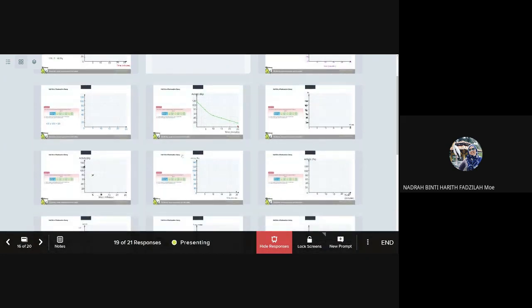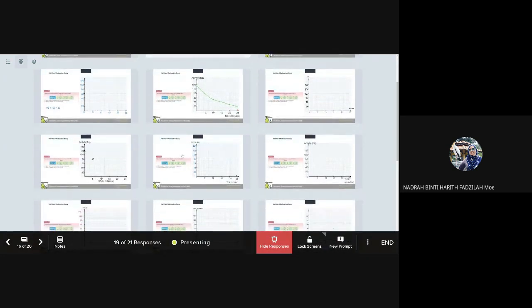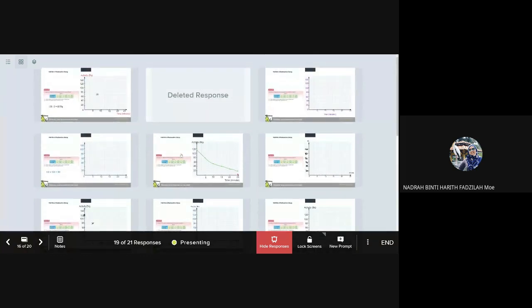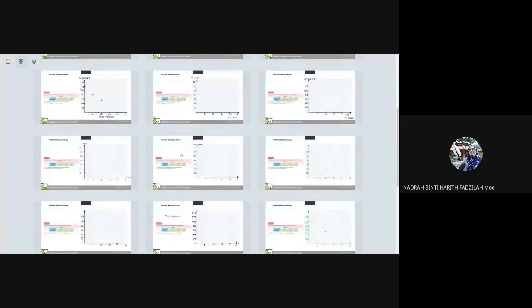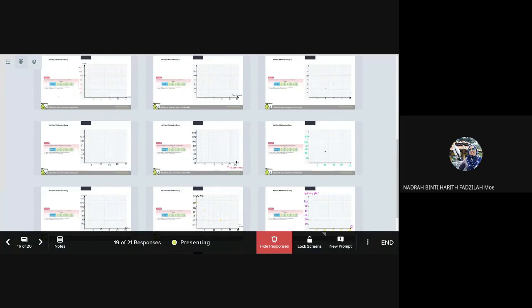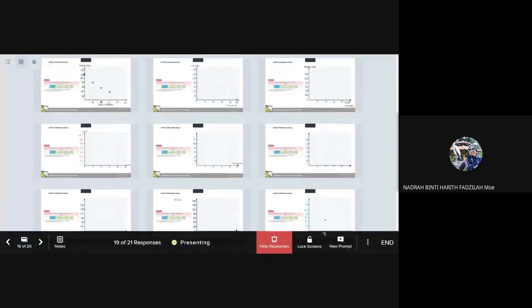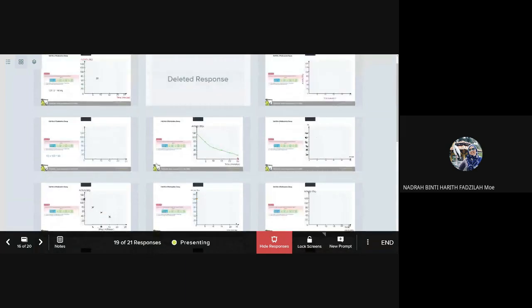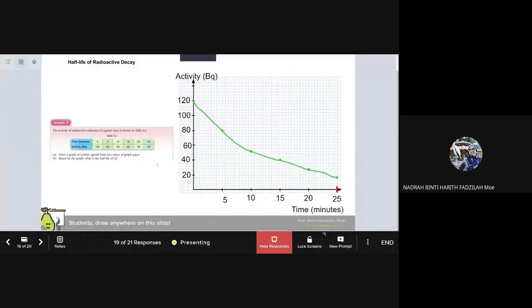Okay. So, most of you have already plotting the graph. Okay, very good. Okay, dah plot graph. So when you plotted the graph, here is a sample of what you can see here lah.